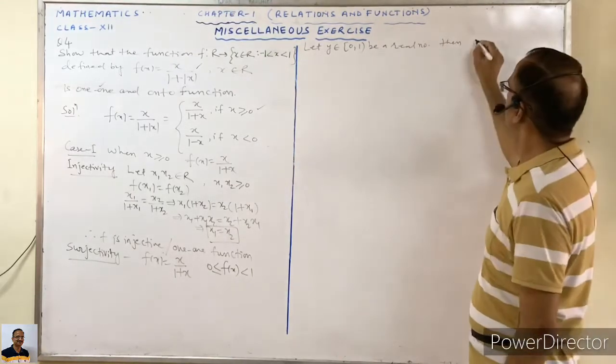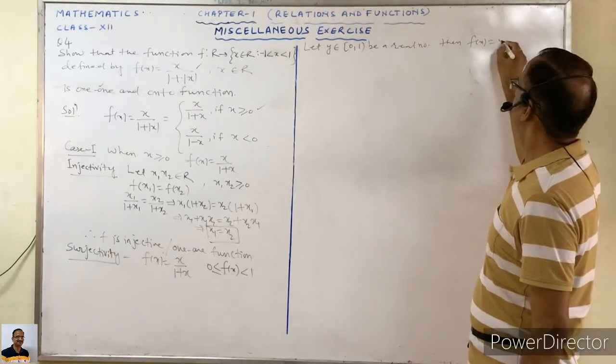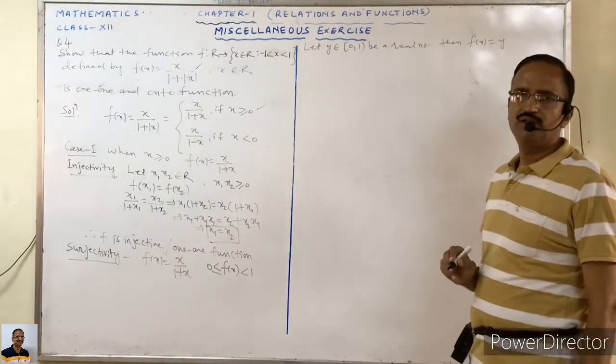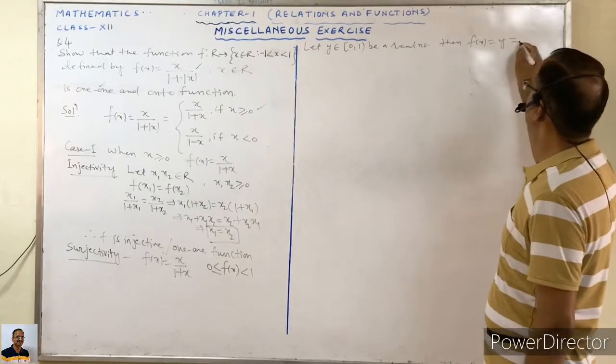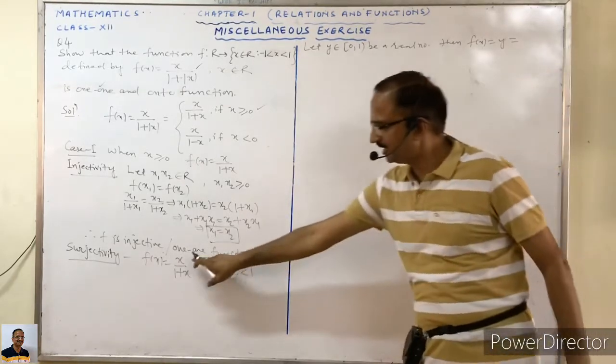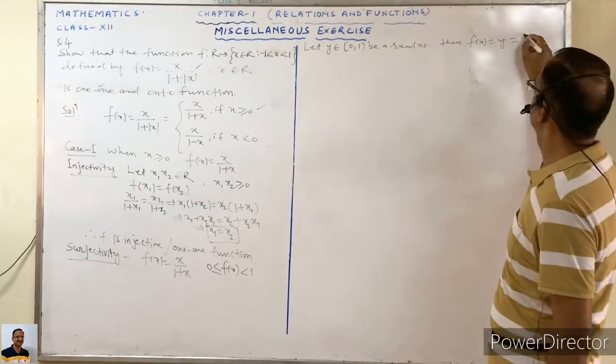Then what will we write? f(x) equal to y, and this f(x) is x upon 1 plus x.